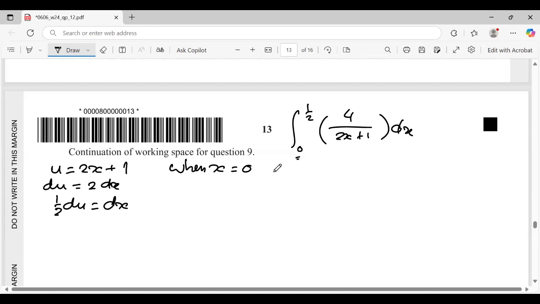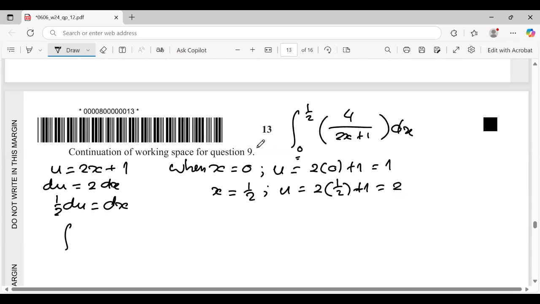When x equals 0, u equals 2 times 0 plus 1 equals 1. And when x equals 1 half, u equals 2 times 1 half plus 1, so 1 plus 1 equals 2.